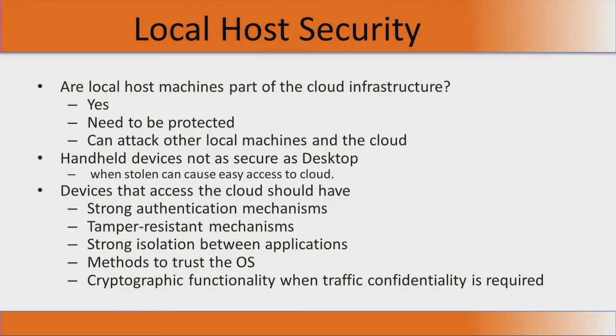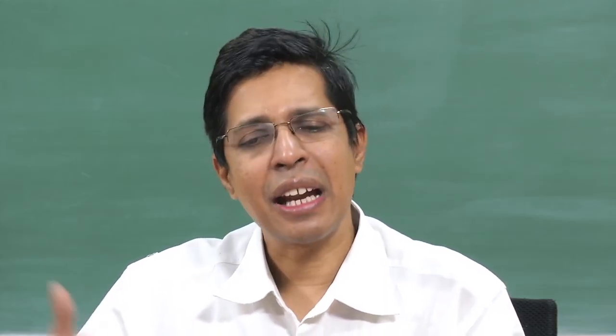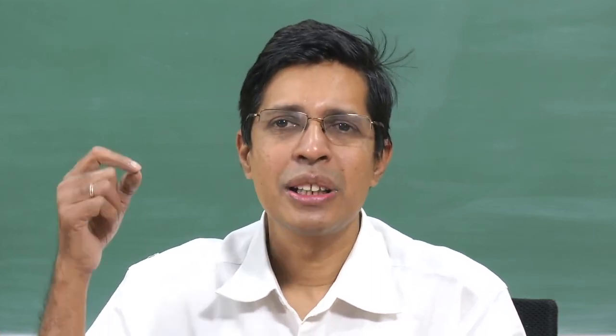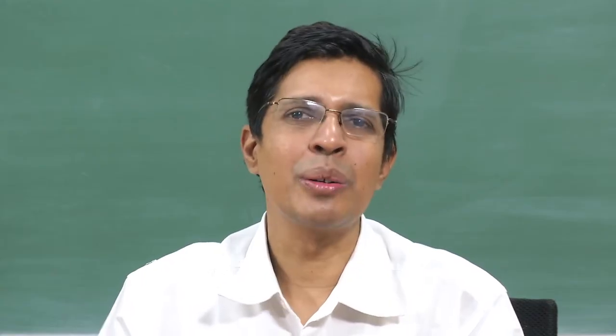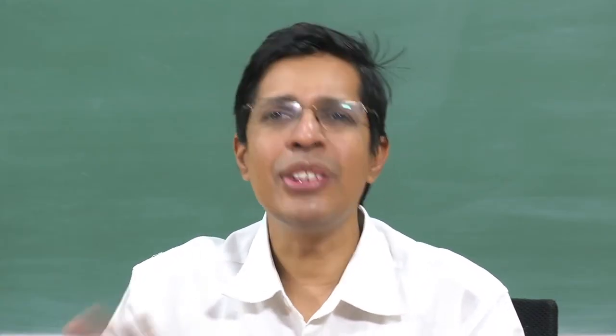The answer is yes, because through them somebody can access the cloud. Do they need to be protected? Yes. Can they attack other local machines on the cloud? Yes, they can, because electronically there is a channel through the local host into the cloud, and that is enough to start exploring or crawling into the cloud.